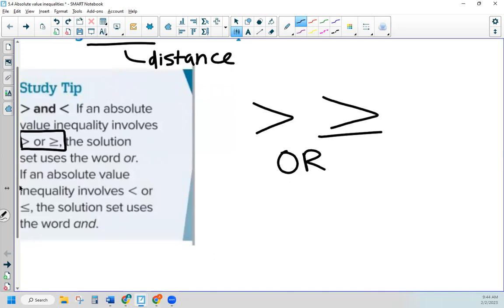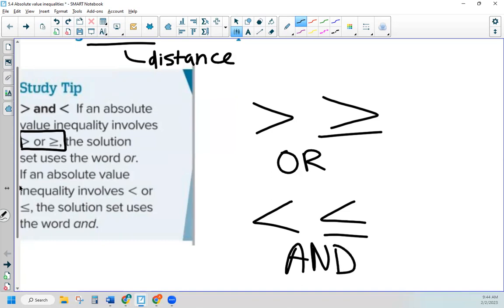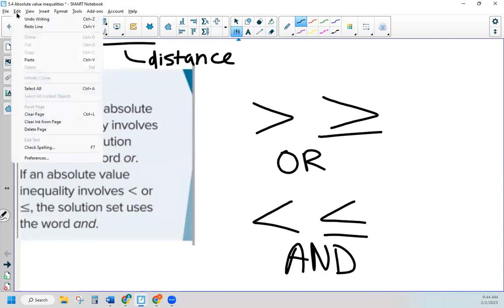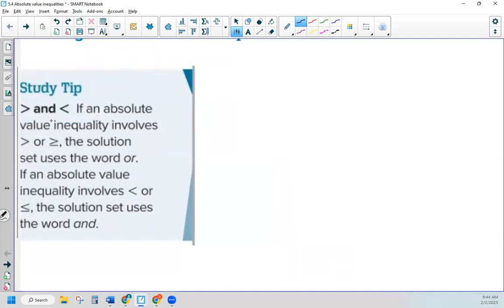If it's one of those, it's going to be an or inequality. If it's a less than or equal to, that is what's going to be an and inequality. Also, the graphing is going to help us understand it a little bit better. So if you get stuck, if you don't remember these little tips, the graphing will also paint a better picture. All right.